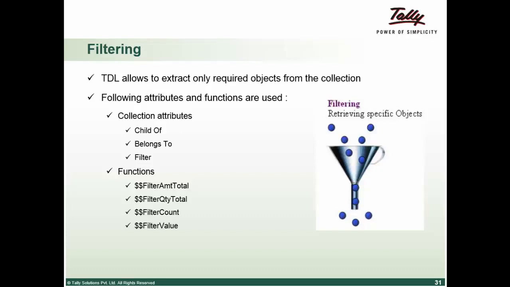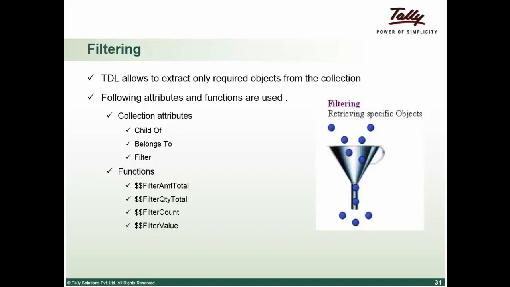Now to do filtrations, we have 3 attributes: the child of attribute, belongs to attribute, and filter attribute. So we have 3 attributes: child of, belongs to, and filter at our collection. Now belongs to attribute and child of attribute go hand in hand. Now what does the child of attribute do?